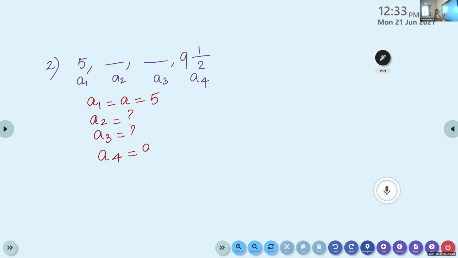What is A4? 9 1 by 2, given in mixed form. What is 9 1 by 2 when you convert it to improper form? Yes, it is 19 by 2. So now start with A4. A4 is 19 by 2. What is meant by A4? By applying the formula, what is A4, Pia?